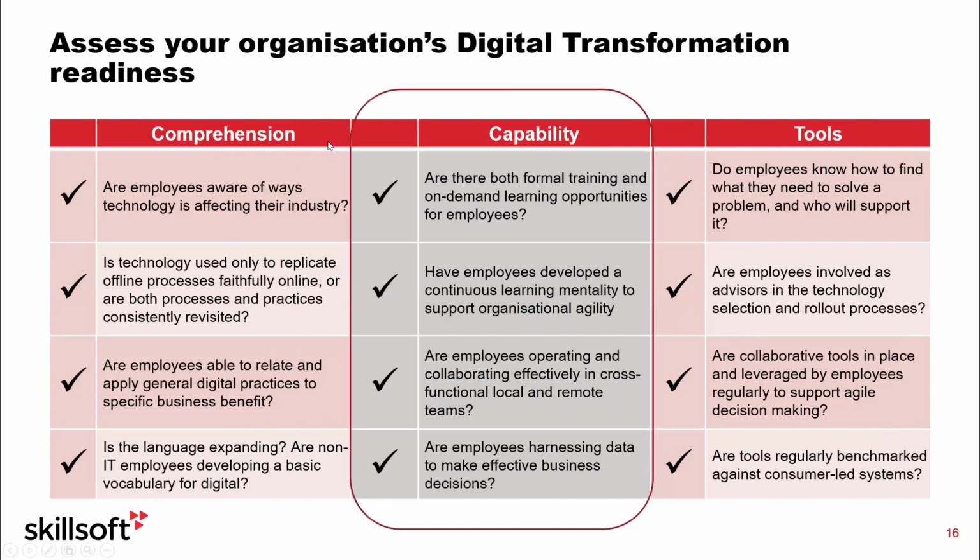If we look at the capability, then it's, are there formal training and on-demand learning opportunities for employees? In other words, do they have at their fingertips resources that will allow them to come up to speed with new technology or even get ahead of the curve?